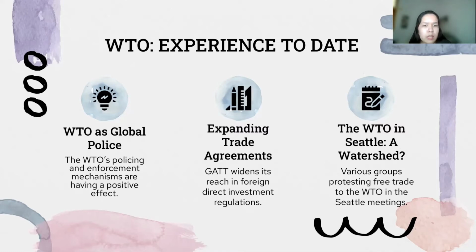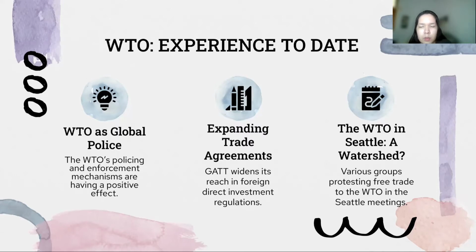And the second one is expanding trade agreements. Besides being successful in getting the role of brokering future agreements to open up global trade and services after successful negotiation in the Uruguay round, GATT widens its reach in foreign direct investment regulations, especially in the global telecommunication and financial services industries.